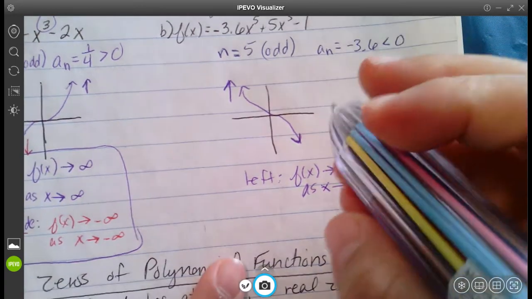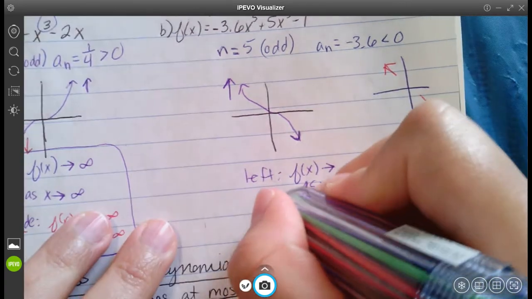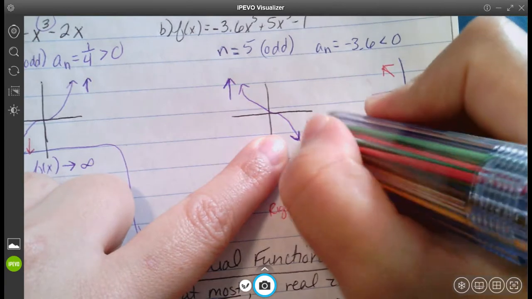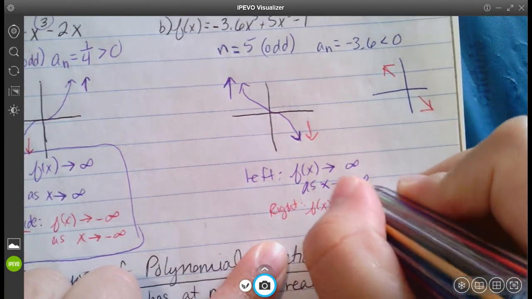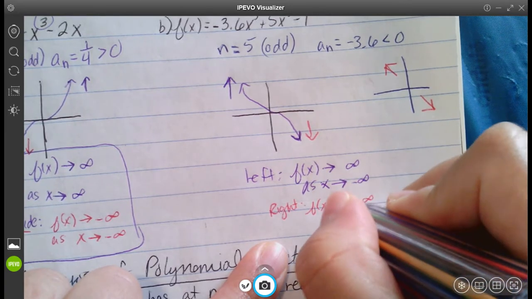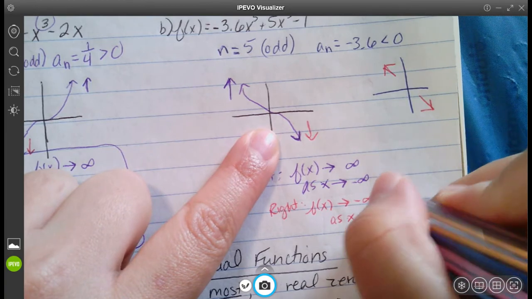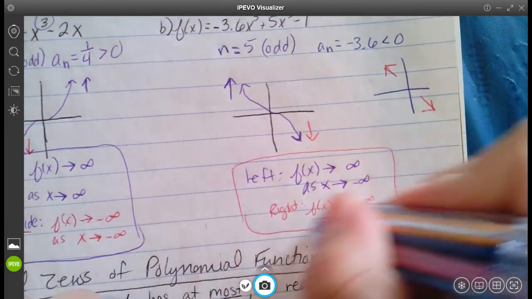Okay, and on my right side, that's this side over here, it's going down. So f of x is going to negative infinity as x is going to positive infinity. Okay, and that would be my answer for this one.